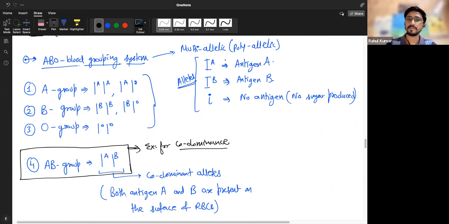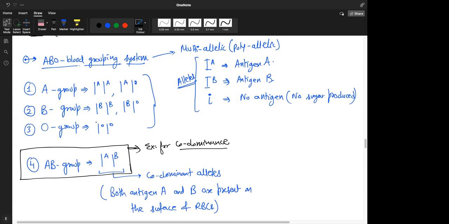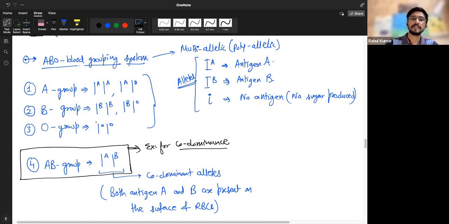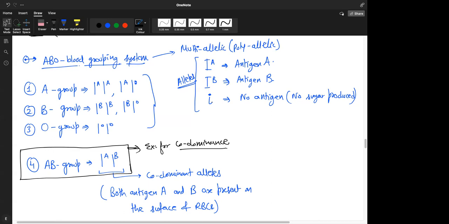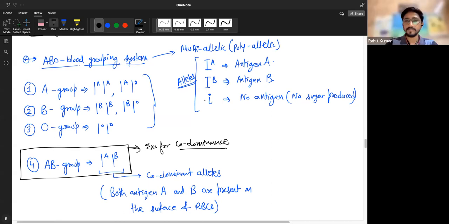So the ABO blood group is controlled by gene I, and it has 3 different alleles: IA, IB, and small i, IO.